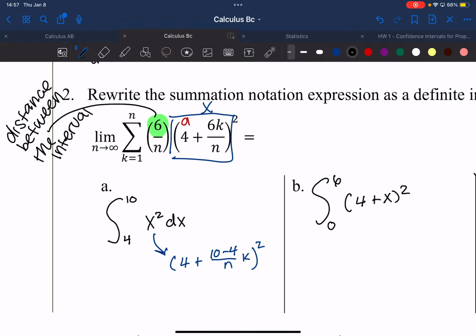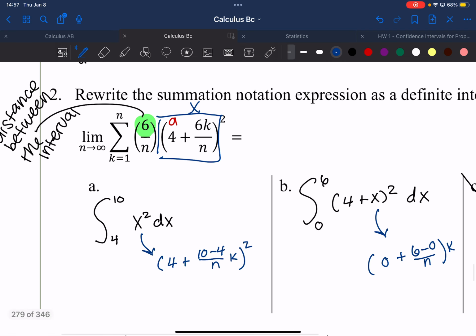And then, of course, we would end it with dx. So again, this x right here is representing 0 plus 6 minus 0 over n times k. That is where a is 0, b is 6, and that's how we're able to assume 4 is part of the original function.